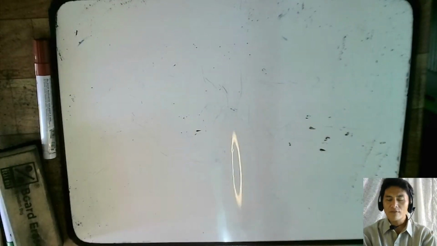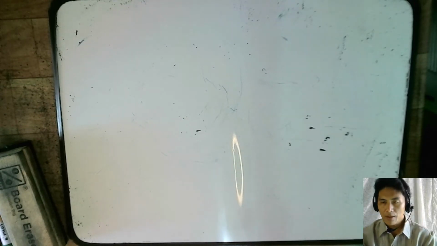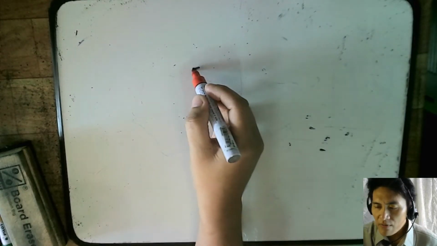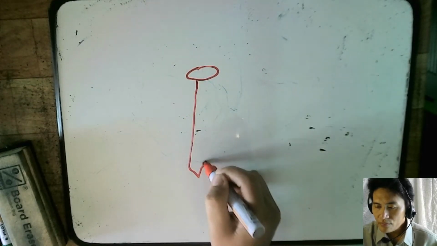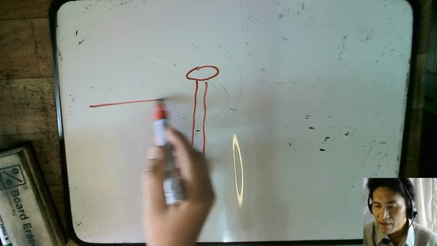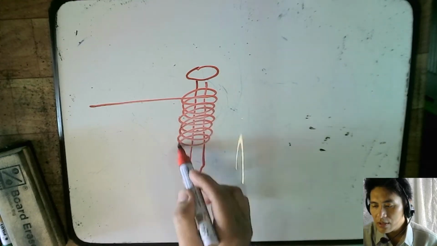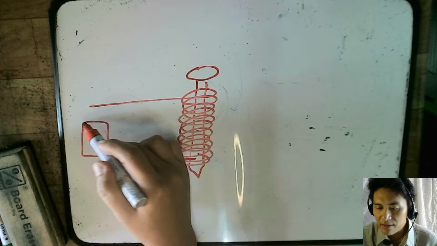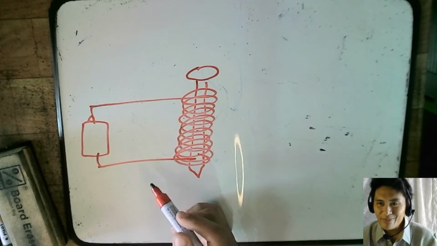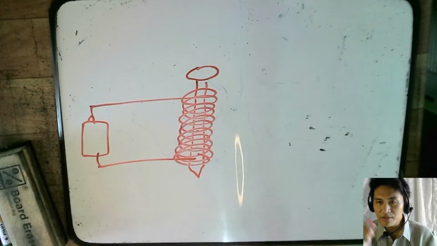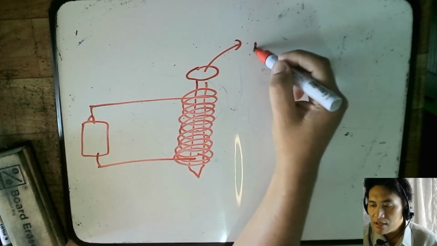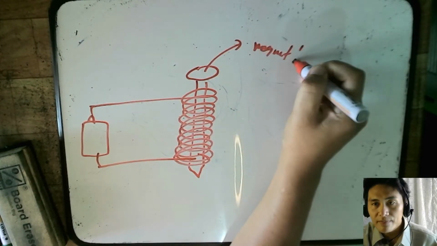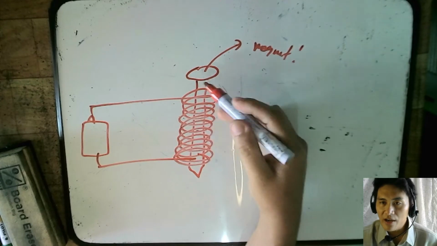But for those who have done this common experiment in elementary and even high school, where you have an iron nail, and you wrap a wire around the iron nail, and then you supply a battery, what happens? All of a sudden, whoa, this iron nail becomes a magnet. And that's because you have an iron nail at the center.